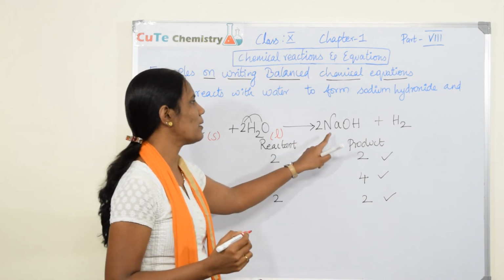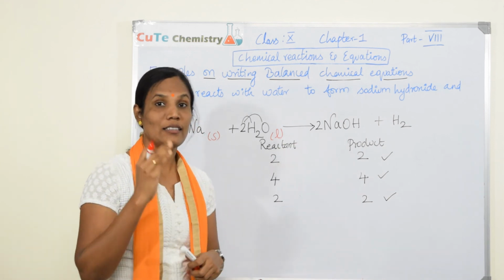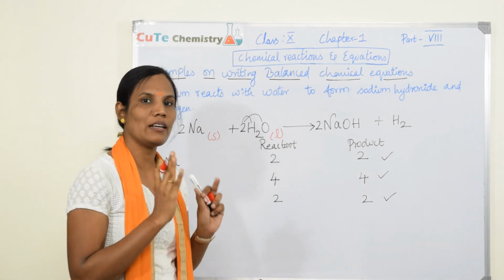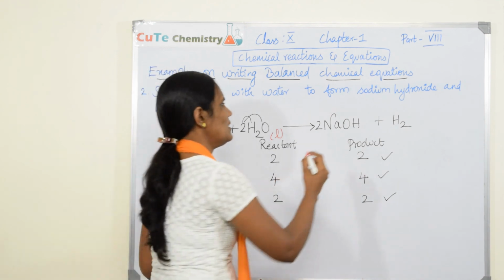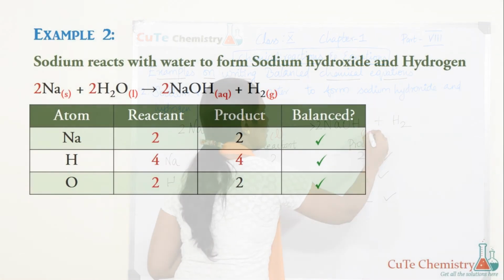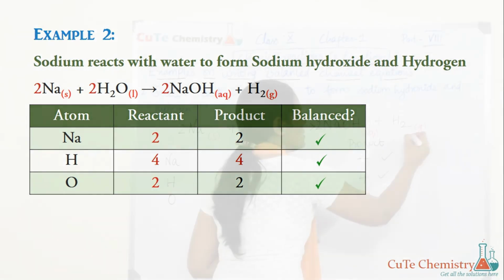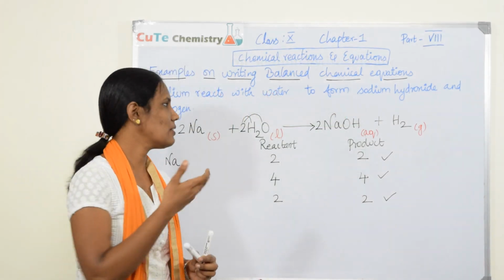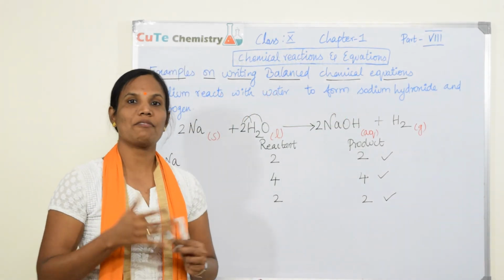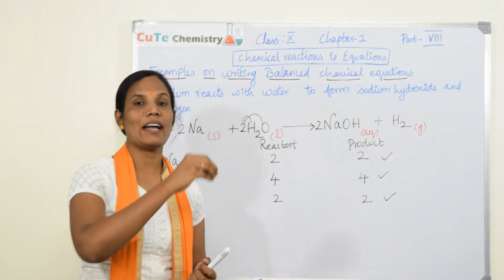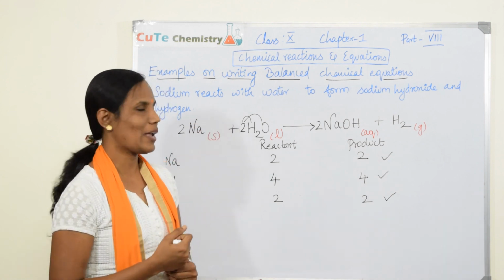Then it will produce sodium hydroxide, which will remain in solution, which means the state of sodium hydroxide is aqueous. Along with that we are getting hydrogen, which is a gas. Now the equation is more informative after balancing and after adding the physical states of the reaction.